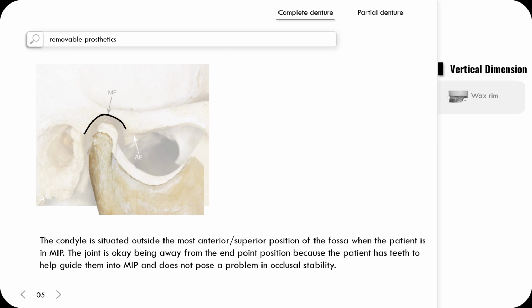It's actually probably a little bit lower and a little bit posterior to where those photos depict. And the position of the condyle in a different position than the endpoint position is not a big deal. In fact, most of us exist that way, it is a perfectly stable position, and it doesn't pose a problem for occlusal stability. Okay, that endpoint position, let's go ahead and define.